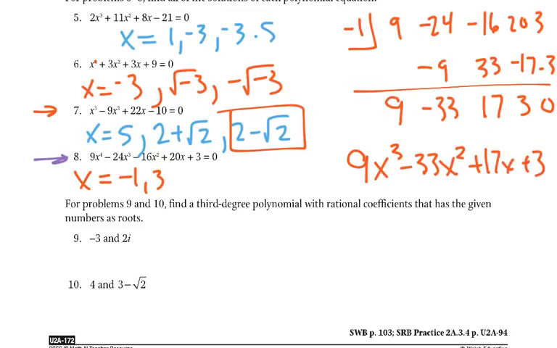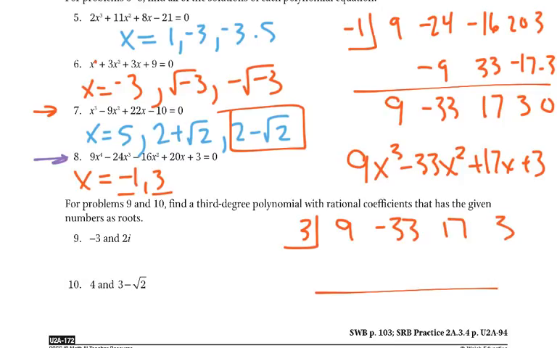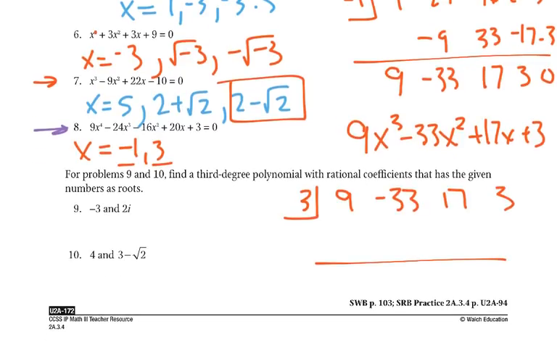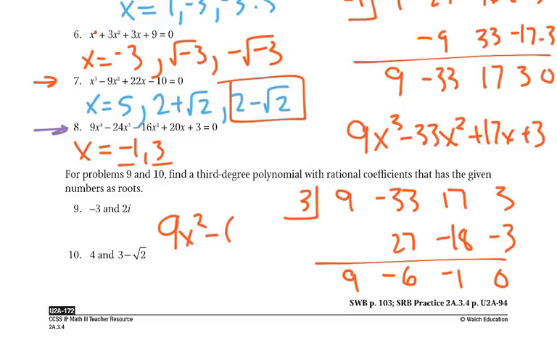Well, I still don't know how to deal with that, okay? But I have another root. So I just do the same process, the synthetic division again, and we can simply get it down to a point that we can deal with. So 27, so negative 6, negative 18, negative 1, negative 3, and 0. So we end up with 9x squared minus 6x minus 1.